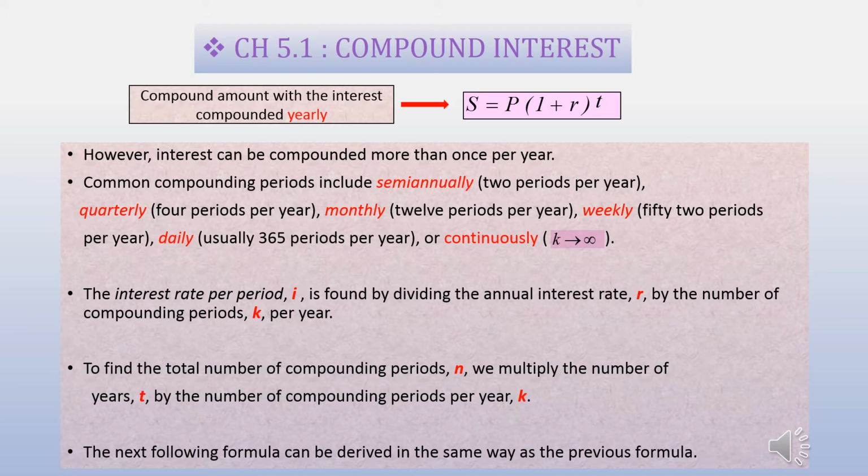So the following formula can be derived in the same way as the previous formula. We substitute R with I, where I is equal to R over K, and N is equal to KT.